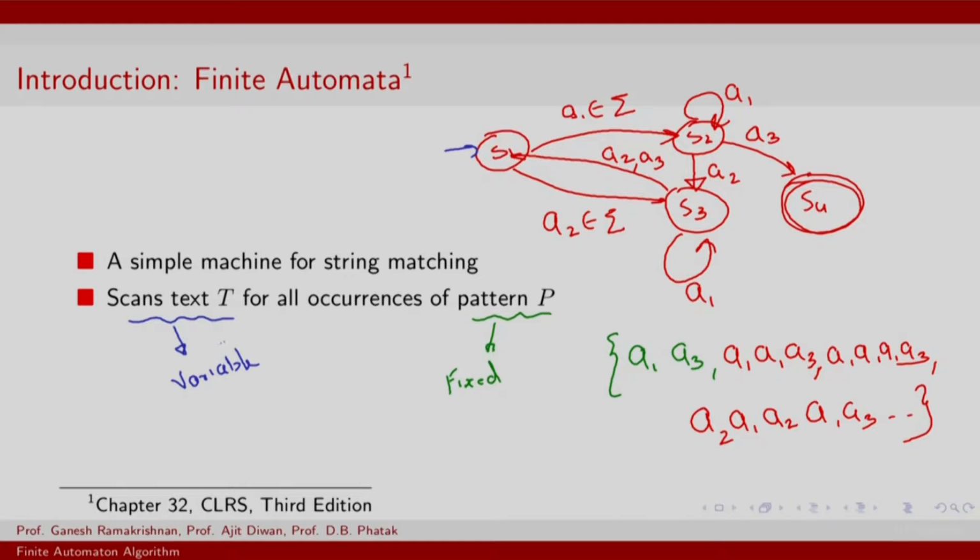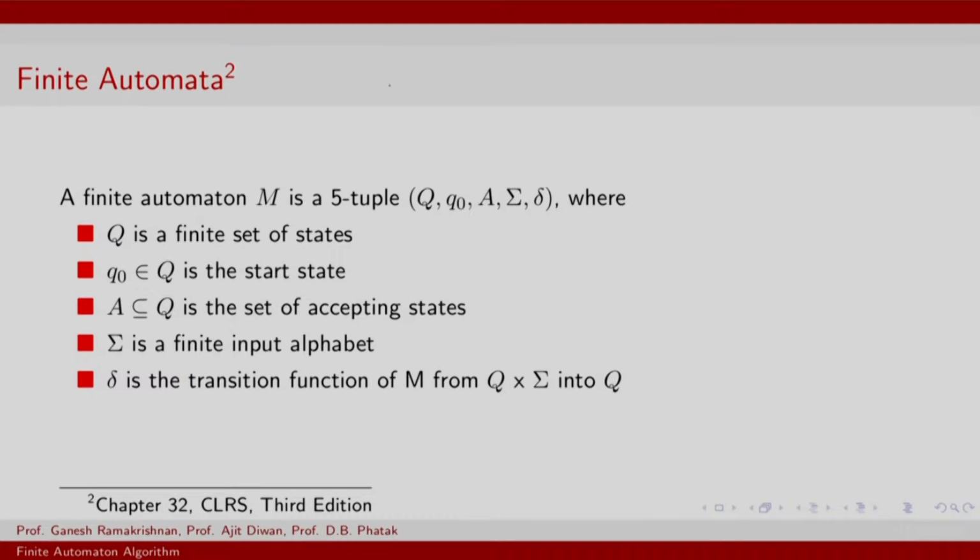So formally a finite state automaton M is a five-tuple which consists of a finite number of states Q, a start state q naught, and an accepting state A. Recall that we denoted an accepting state with two concentric circles. The start state was denoted by an incoming arrow. Sigma is a finite input alphabet.